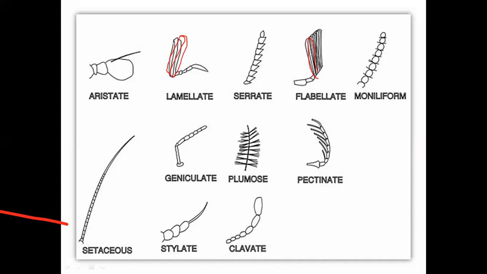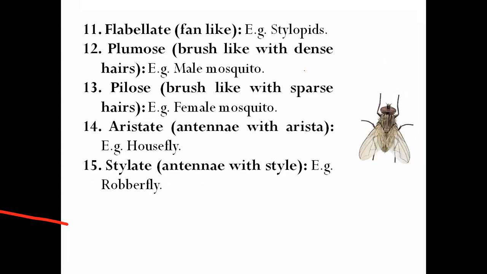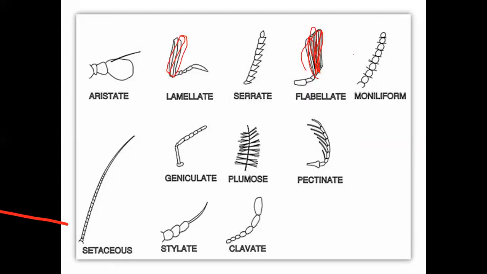In lamellate there are one or two plates, but here many tips act as plates, giving a fan-like appearance. Okay, that is flabellate. An example of this fan-like appearance is the stylopid insect. Here I am showing flabellate, the stylopids, and lamellate, that is the dung roller, isn't it?